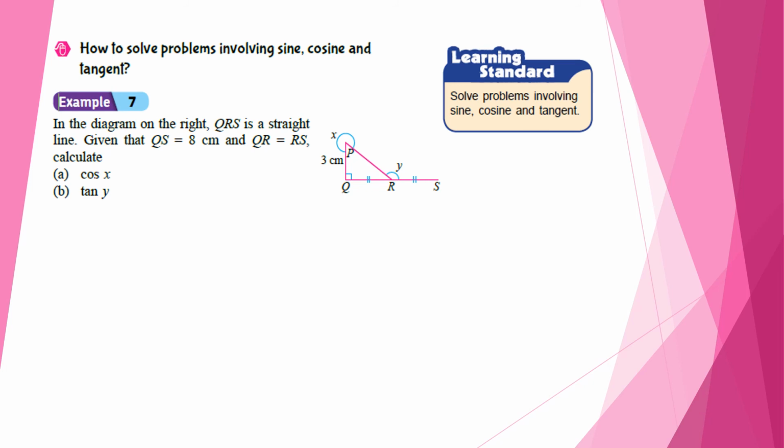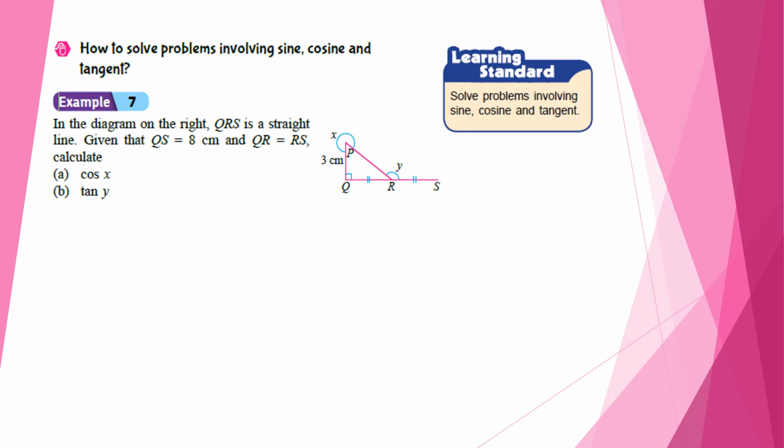Now we are going to look at how to solve problems involving sine, cos, and tangent. Example 7, in the diagram on the right, QRS is a straight line. Given that QS is 8, QR is equal to RS.